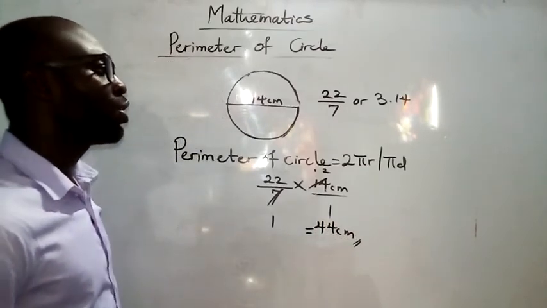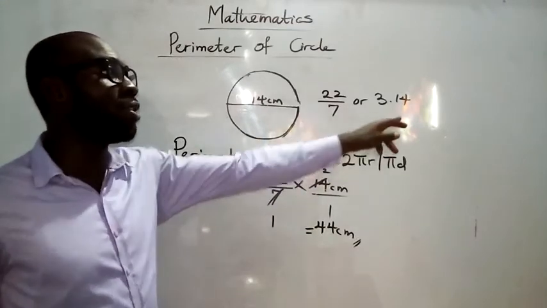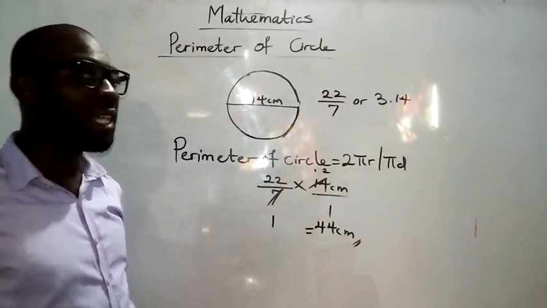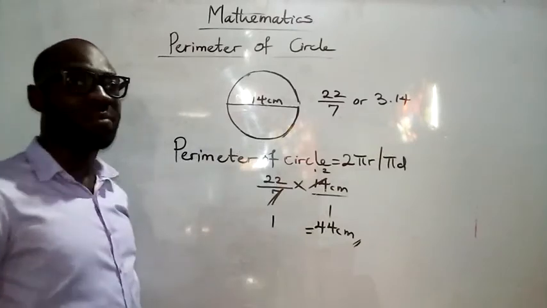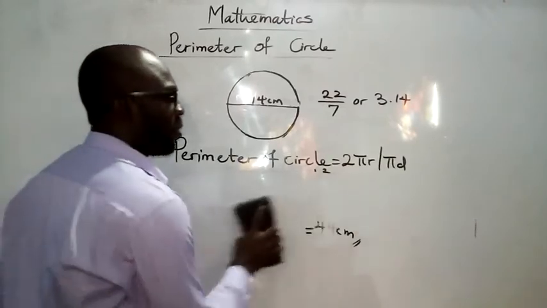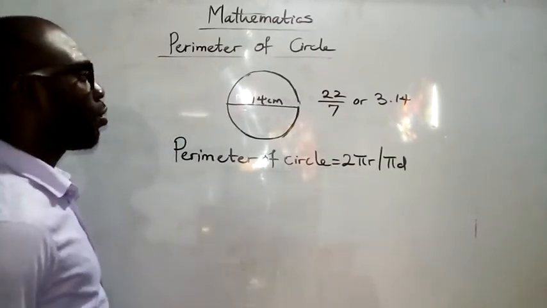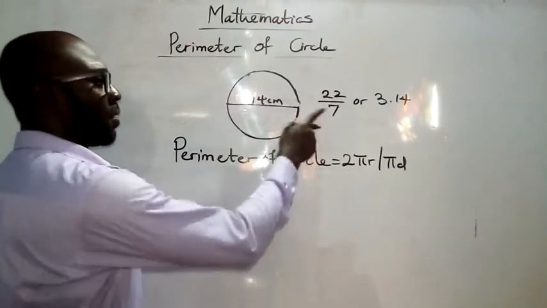Now, what if in a situation where you want to solve the radius or the diameter using 3.14? Take note, our answer is going to be in decimal, but it's going to be similar with this. Now, we're going to solve that of radius in conclusion to the lesson using 3.14.